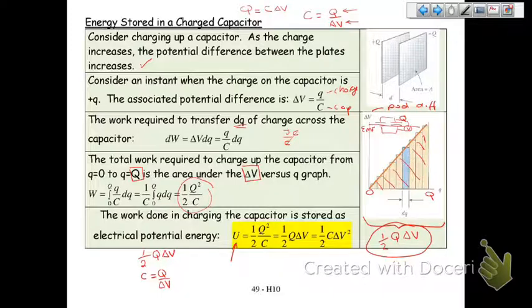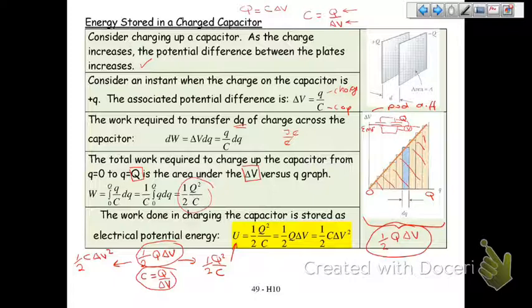So if I want, I can substitute in for q and get 1/2 c delta v squared. And if I substitute for v, I get, let's rearrange this, 1/2 q squared over c. Did I do that right? Yeah. So I know that one, I know that one, and I can get the other two. So I'm not going to learn 4 equations. I'm going to figure out the other two. If need be, you've got to learn 4 equations.